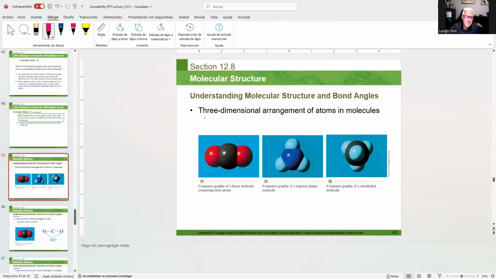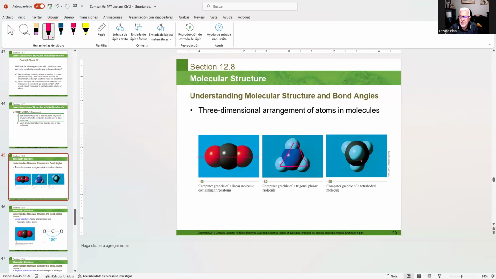Now, let's see how we can represent the molecular structure in 3 dimensions. Look at this. Here we have this compound that is linear, while this one is trigonal planar because it's a triangle in a plane.